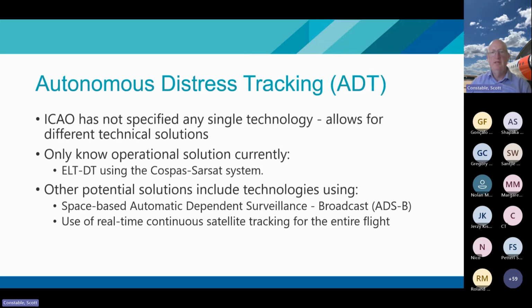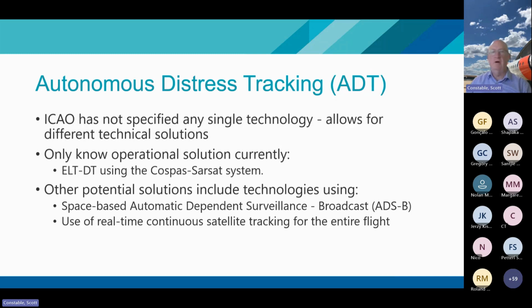So the ELT-DT, DT standing for distress tracking, was a solution developed in the COSPAS-SARSAT community to address the ADT requirement. There are other possible solutions, including technologies using space-based automatic dependent surveillance broadcast, or ADS-B, that is used in aviation.